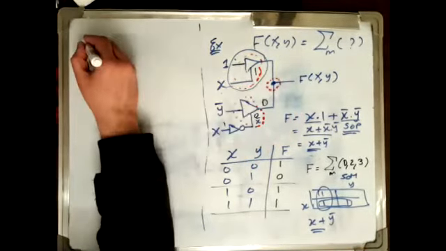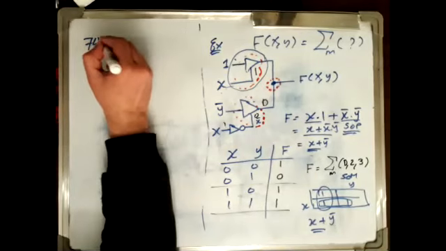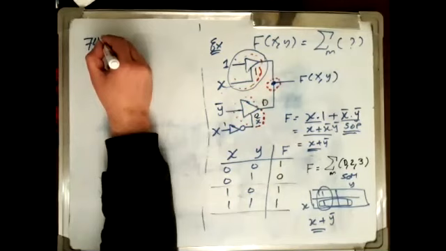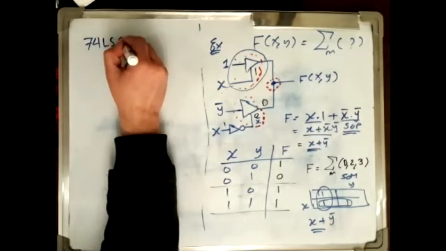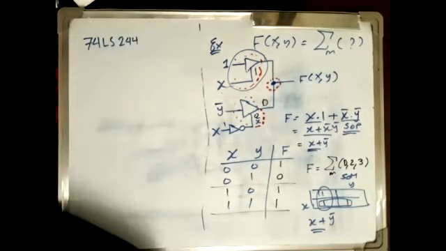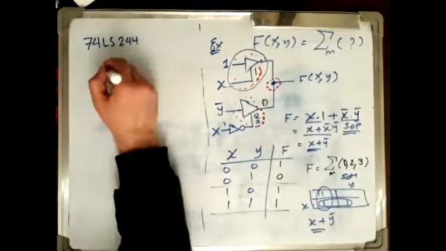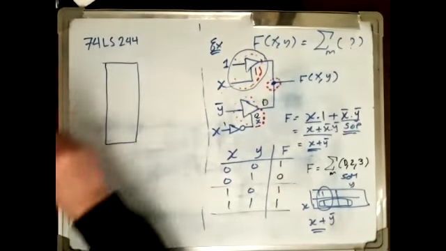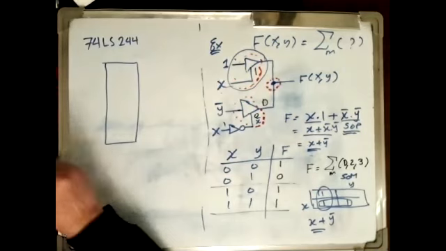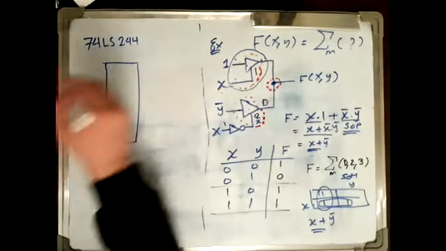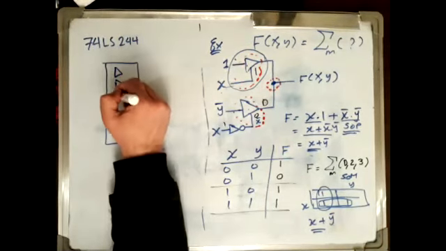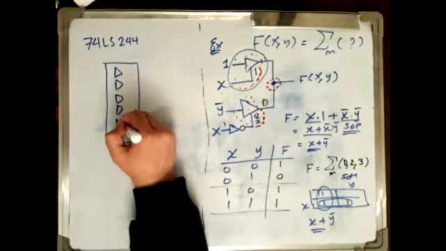One of these ICs is 74LS244. This is basically an IC, or a chip, or a block that has 8 of these. As I remember, it has 8 tri-state buffers all together in one package.